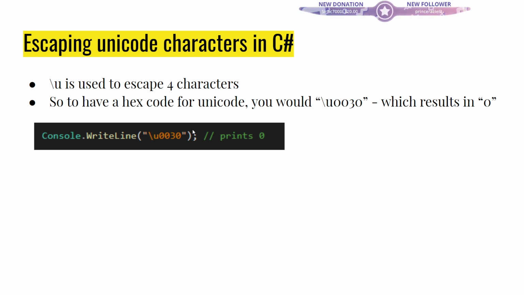But for Unicode characters, or to be more precise, for characters made of 4 hex symbols, you need a backslash with a U letter, followed by 4 symbols. So backslash U escapes 4 characters, no longer 1 character. So if I do Console.WriteLine and put something like that in the brackets, it will print 0.